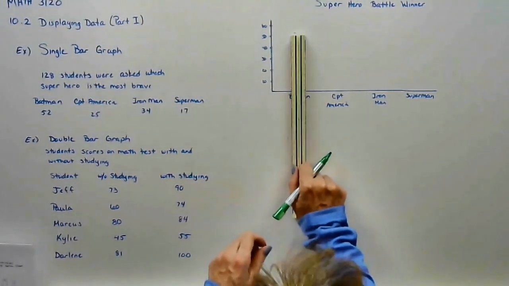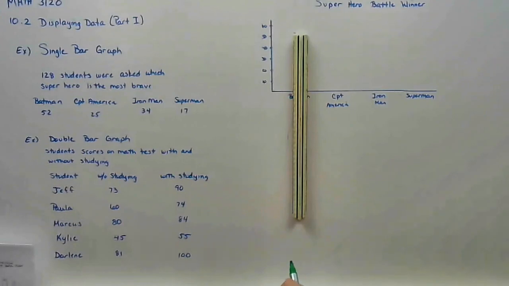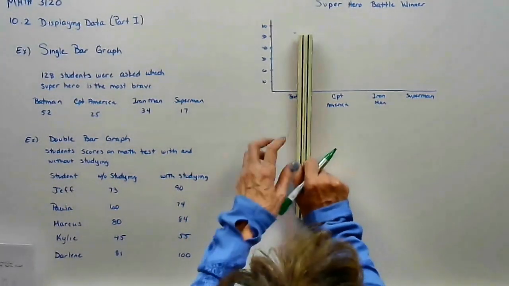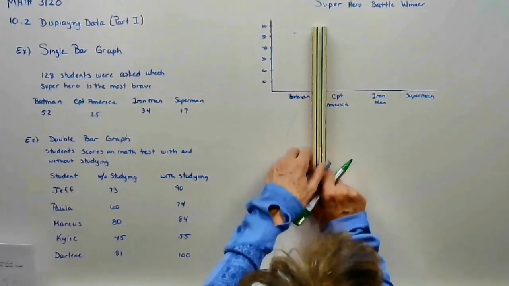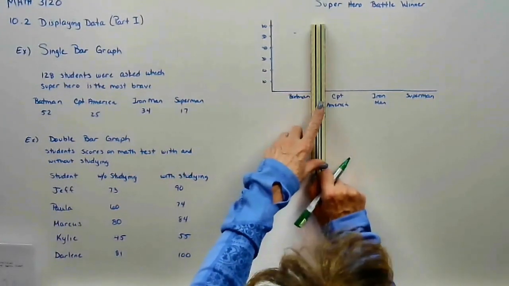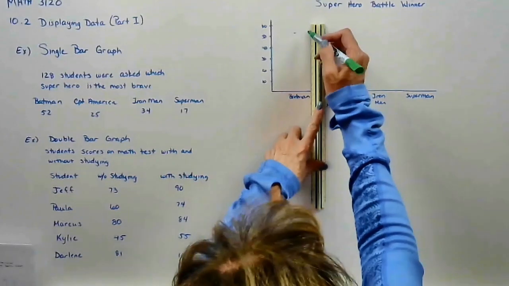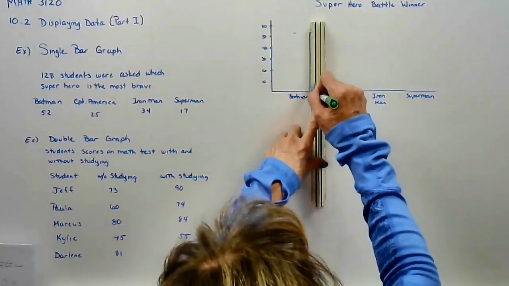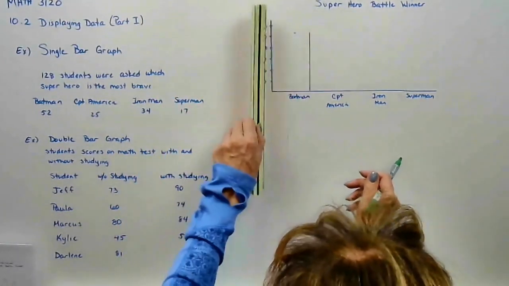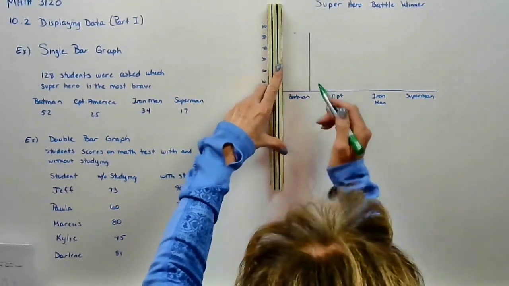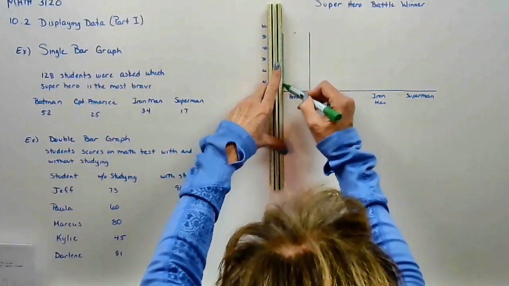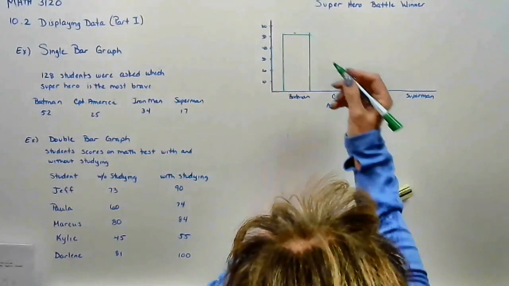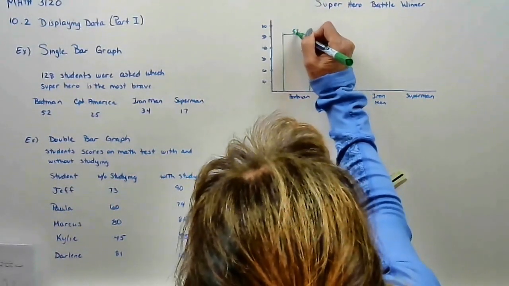I'm going to use the width of my ruler to be the space between them. So I'm going to come up here to 52. So it should be about twice as wide. And again, if you want to, you can put 52.